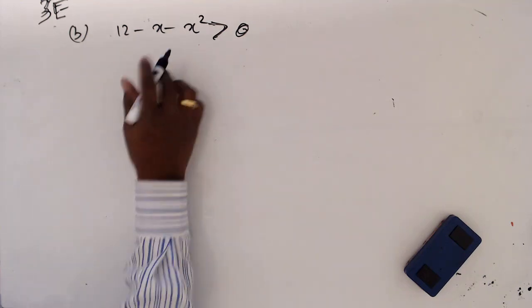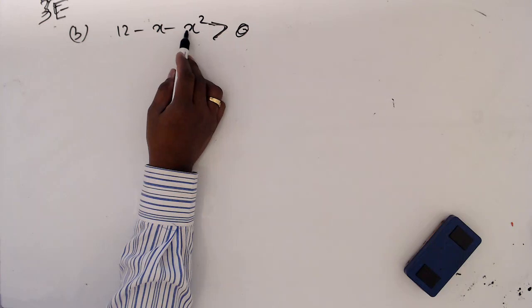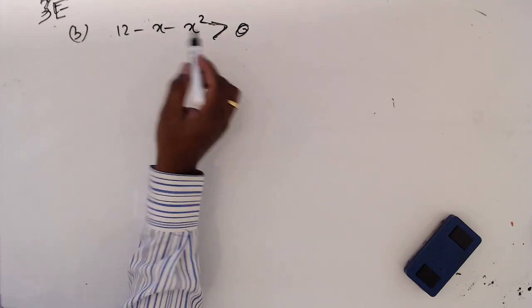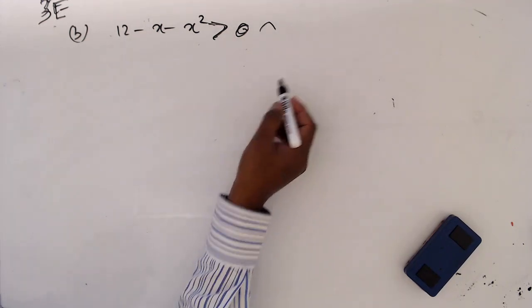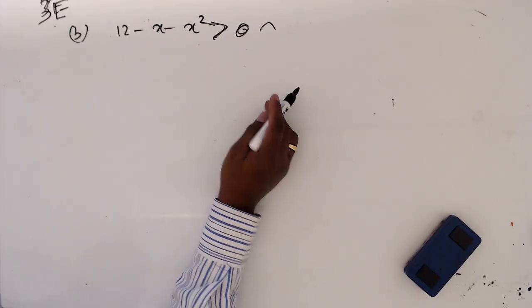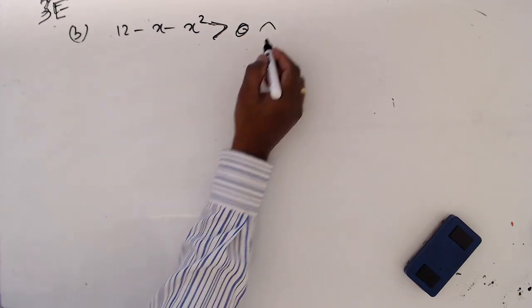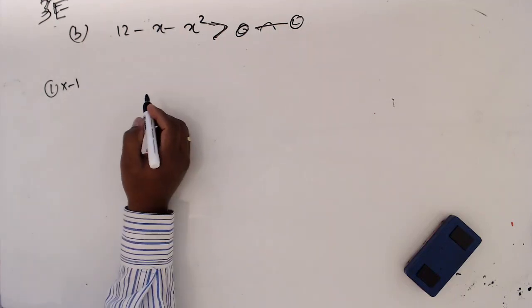Now, this is a quadratic equation. The x square value is negative. It means it should have a maximum. But I'll change this to a minimum and I'll work it out. I'll take this as 1, 1 multiplied by minus 1.